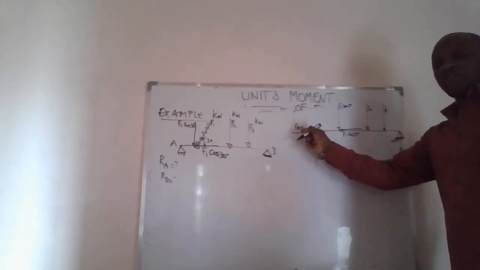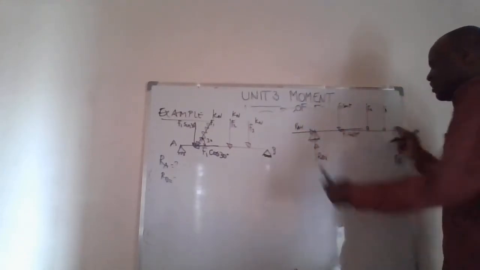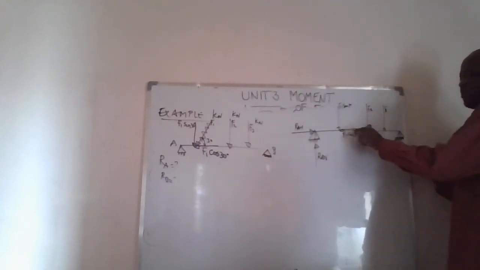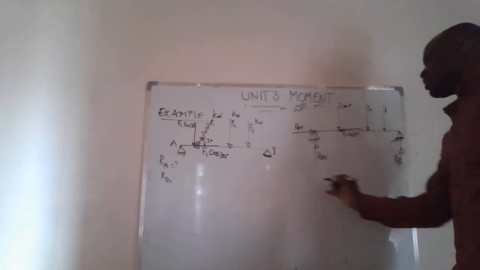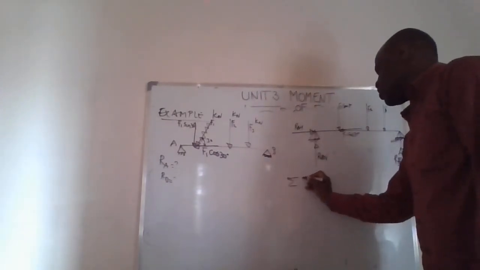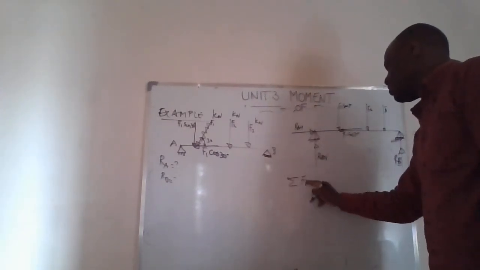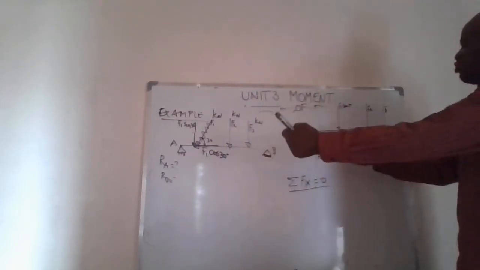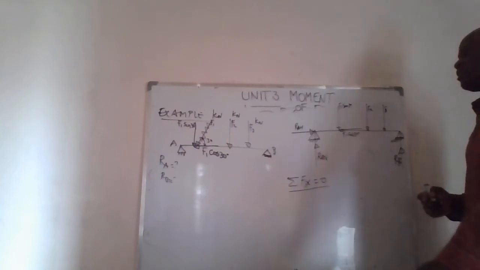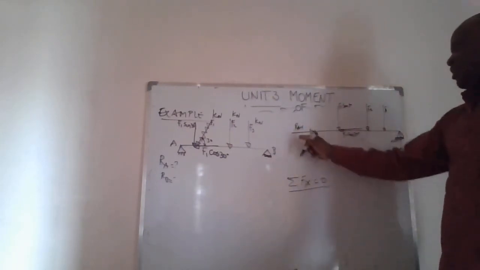Now, in this case, this component will have a certain value because the beam on the horizontal will be subjected by this and this RAH. Consequently, for the beam to be in equilibrium, the sum of horizontal forces should be equal to 0. And what do we have horizontally?